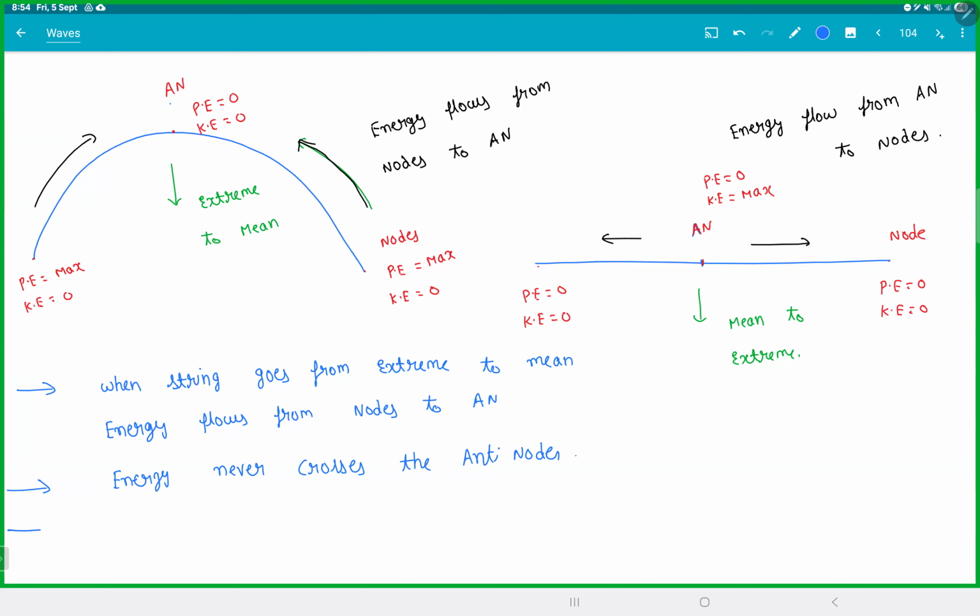And similarly, energy never crosses the nodes also because the nodes are fixed. If you see, energy doesn't get out of the loop. And within the loop, energy is always being redistributed.